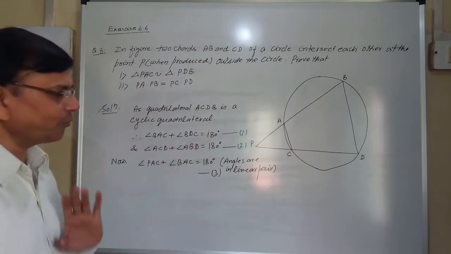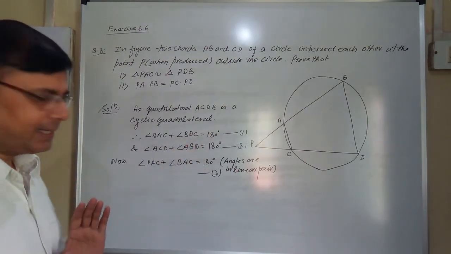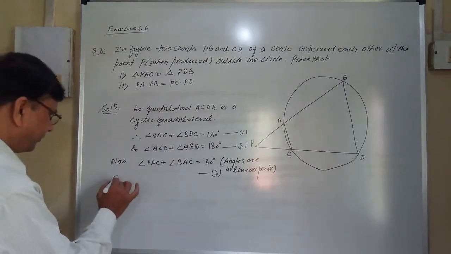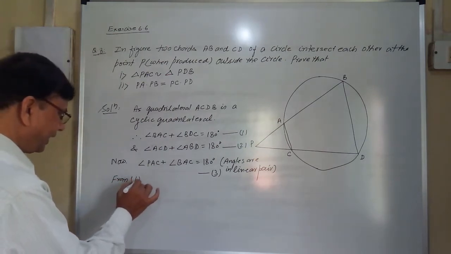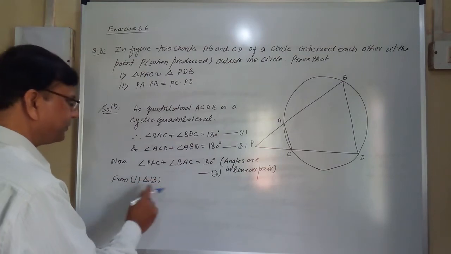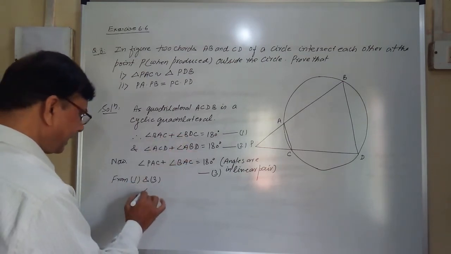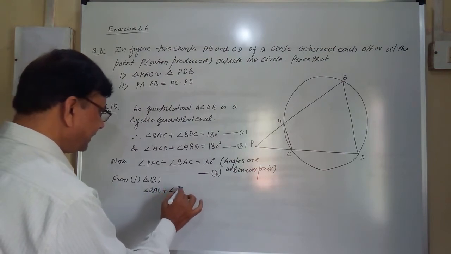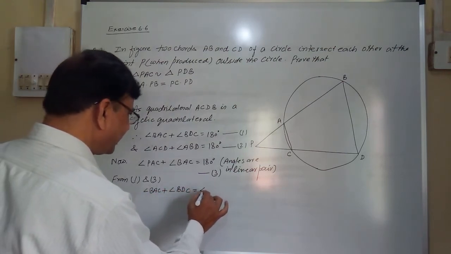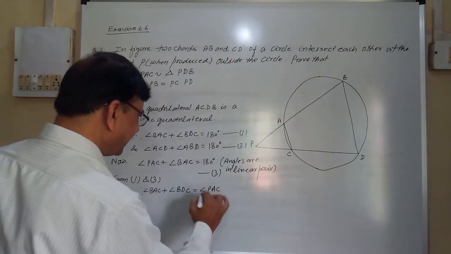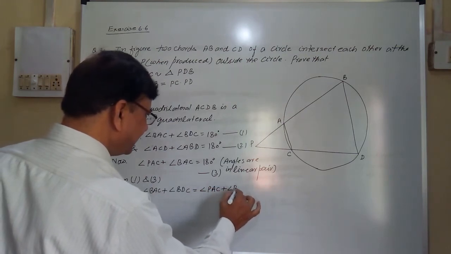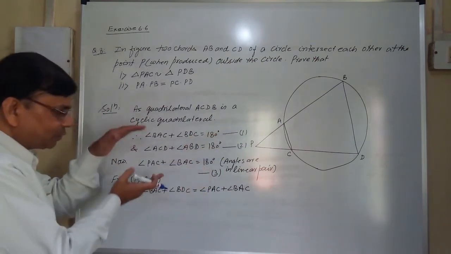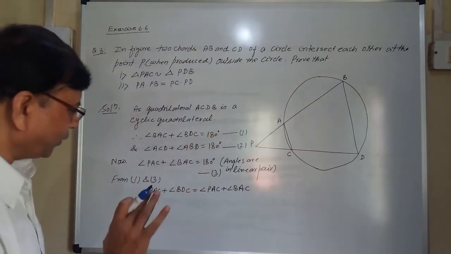The right hand sides of 1 and 3 are equal, therefore the left hand sides will also be equal. From 1 and 3, angle BAC plus angle BDC is equal to angle PAC plus angle BAC.